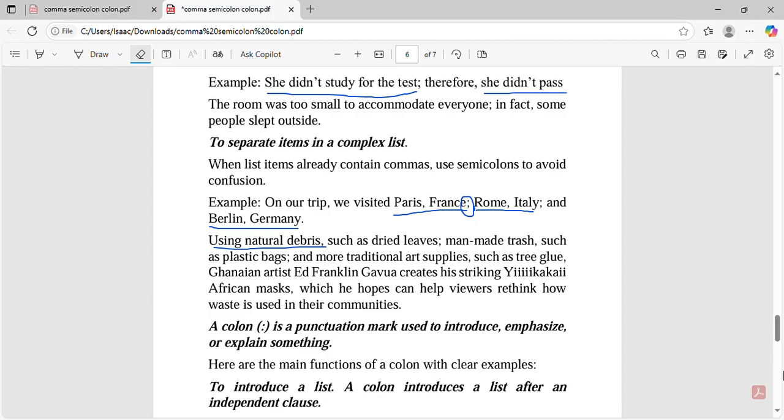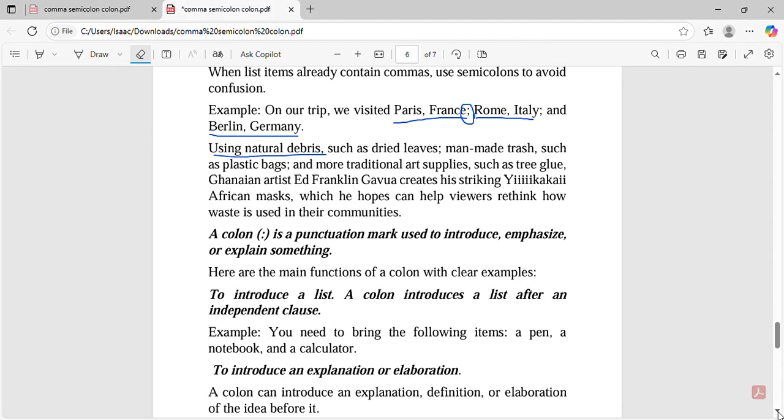If you say something and you want to emphasize that particular point you're making, you can just use a colon to introduce the emphasis or whatever you want to say. After the colon will just serve to emphasize what you've said earlier. Or if you want to give more explanation on what you have said earlier, then you will use a colon. So whatever comes after the colon could simply be defining or giving further explanation of what you have said earlier.